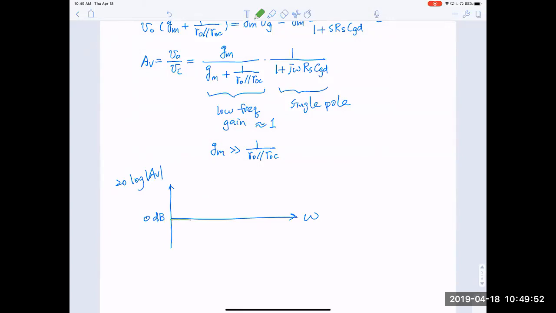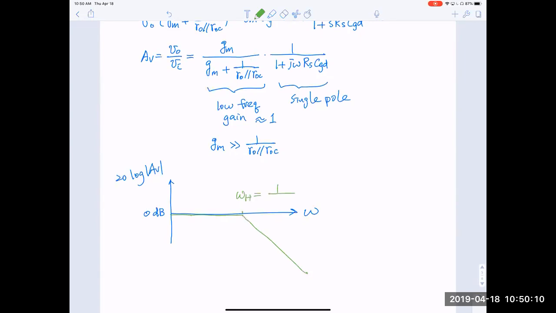It's slightly less than 0 dB, because the gain is slightly less than 1, and then it encounters this frequency, our omega h. Omega h is 1 over RC. What is RC? It's RS times CGD. So that's the Bode plot of the high frequency response of the common drain.